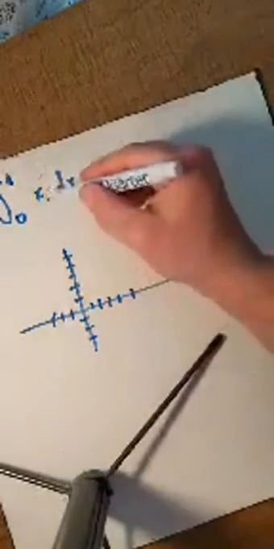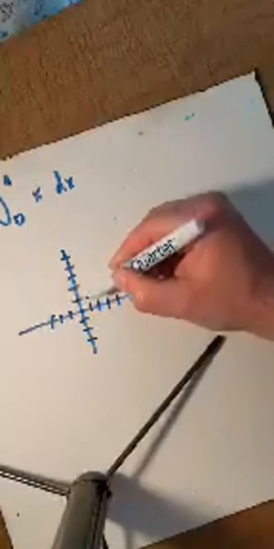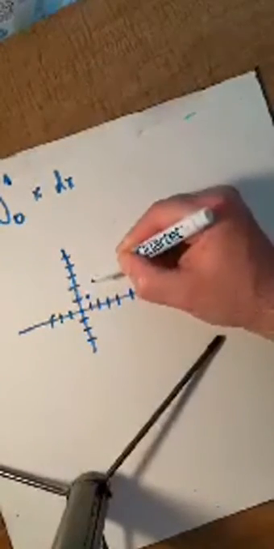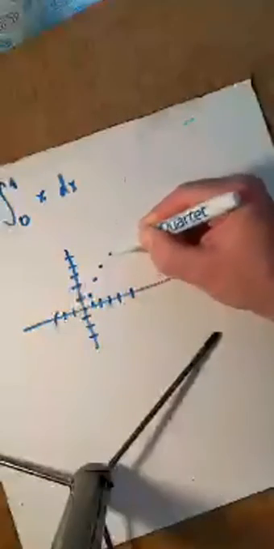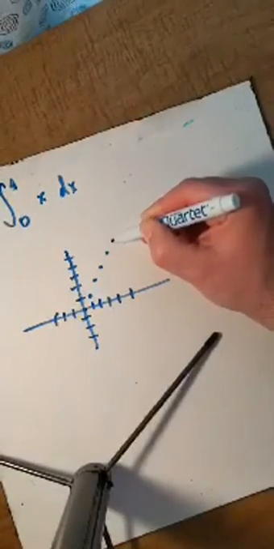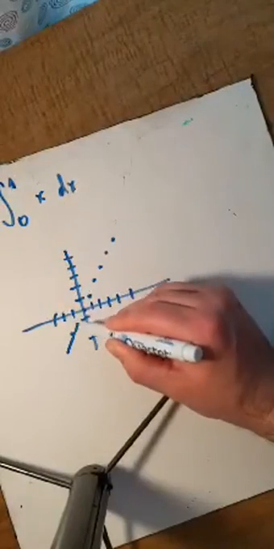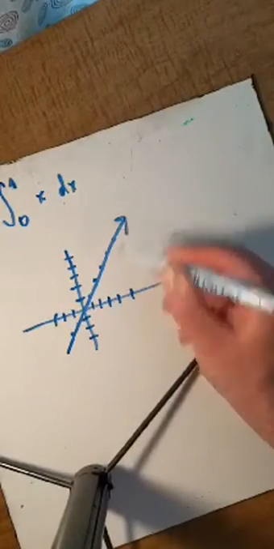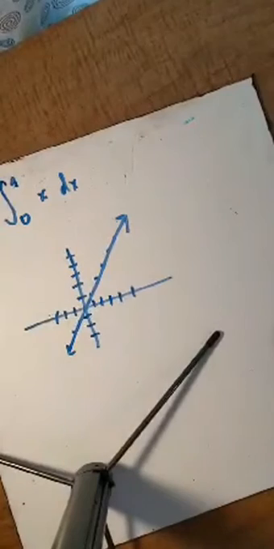Alright, so if we have x starts at 0, 0, and then it's an up 1 over 1 line. So I'm just going to plot some points here. We end up making a really nice triangle. So there's the equation.